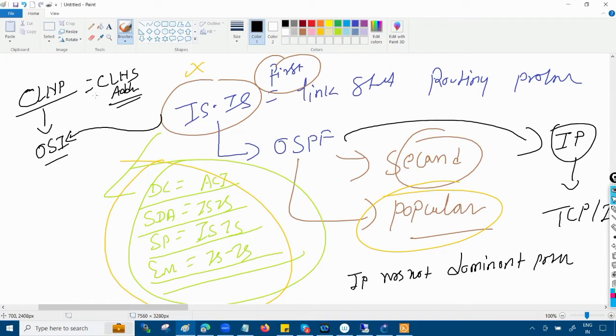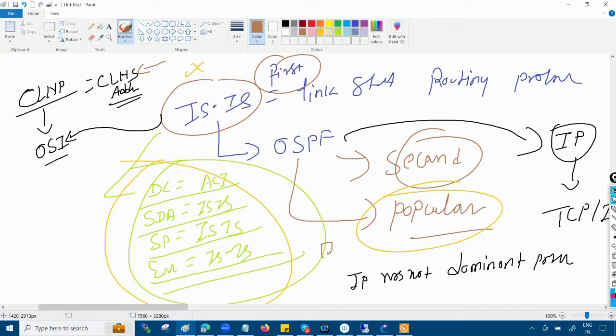Nobody had an idea about IP. Everyone knew about CLNS addressing. CLNS was the dominant protocol at that time. If you wanted to give an address to a PC, you gave it CLNS addressing. If you wanted to give an address to the router, you gave it CLNS addressing.